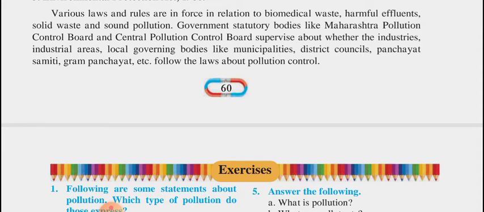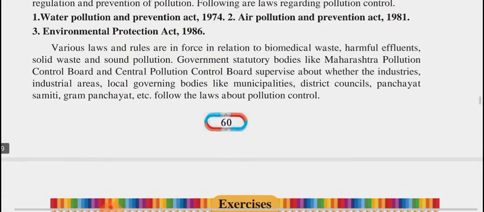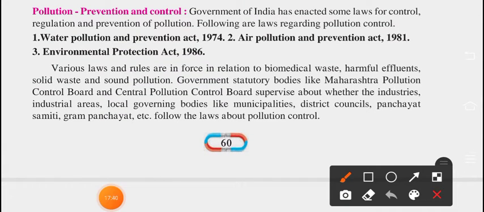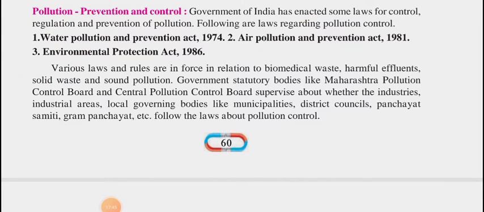So these types of rules are given by the government. All are very important, and all these come under specific acts, which are given over here. Act 1 is about water pollution, then 2, 3. All these acts are given by the government, which we also have to follow through these rules.